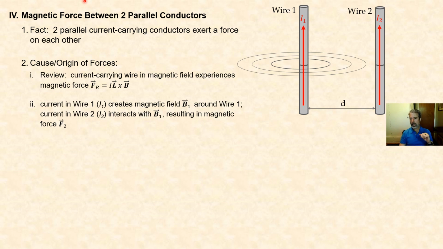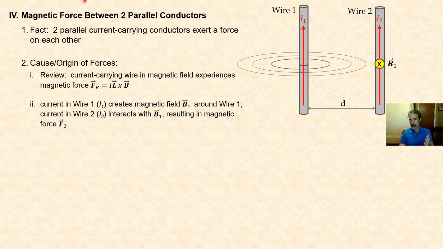That is, when you place the thumb of your right hand along wire 1 in the direction of the current, you should notice that over where wire 2 is, the field should be going into the plane of the paper at that point.